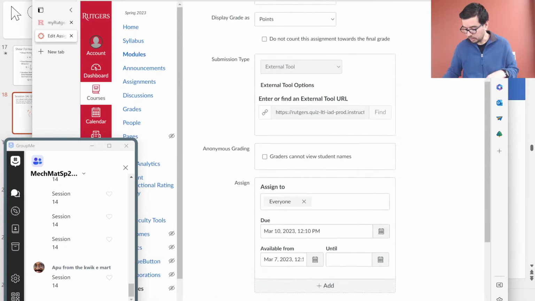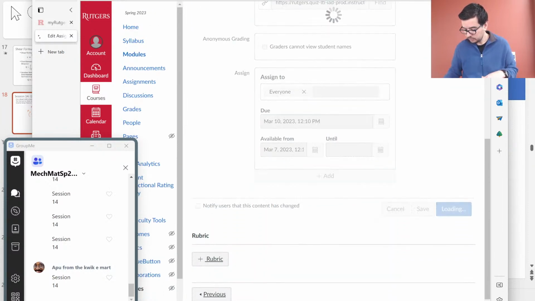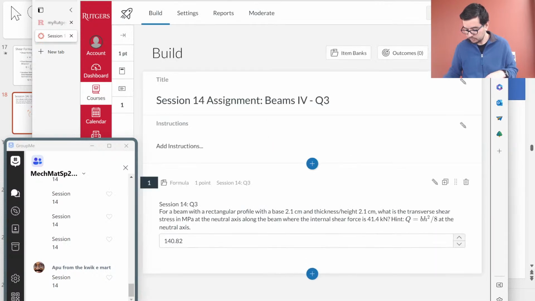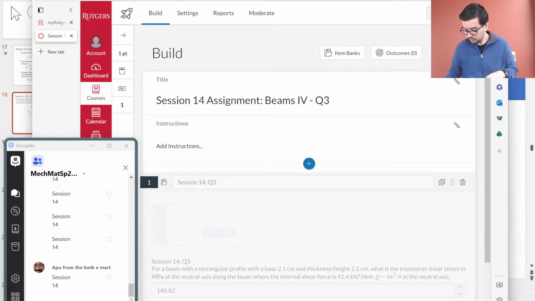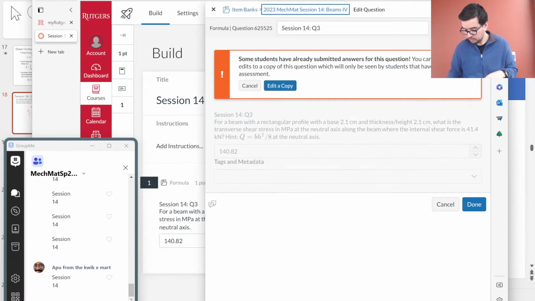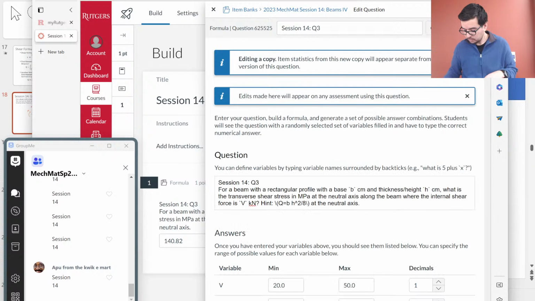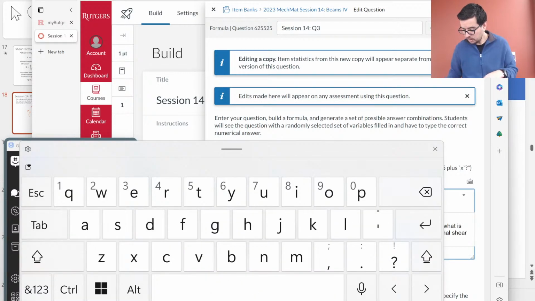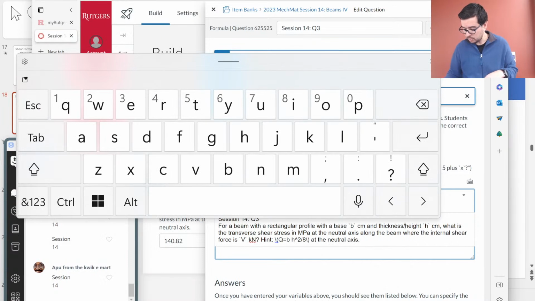I can change the wording here. Nothing changes with the numbers. We're just removing that word thickness.